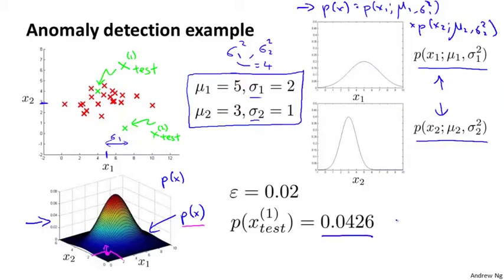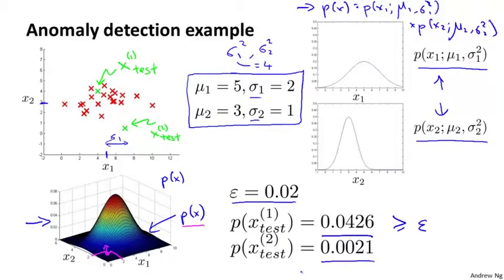In particular, this is greater than or equal to epsilon, so there's a pretty high probability, at least bigger than epsilon, so we'll say that x1 test is not an anomaly. Whereas if you compute p of x2 test, that gives a much smaller value, so this is less than epsilon, and so we'll say that that is indeed an anomaly because it's much smaller than the epsilon that we chose. And in fact, I didn't prove it here.